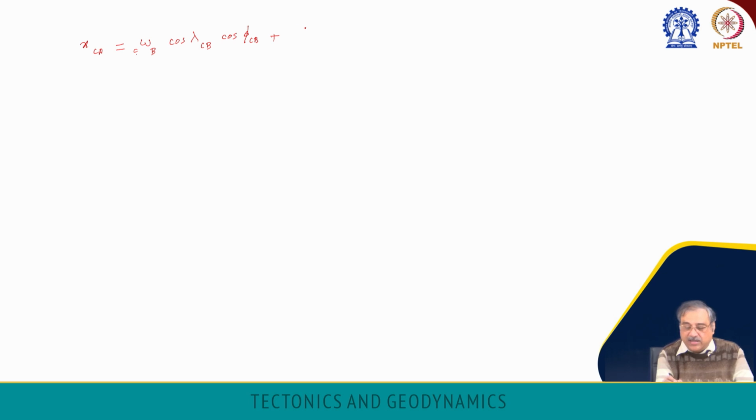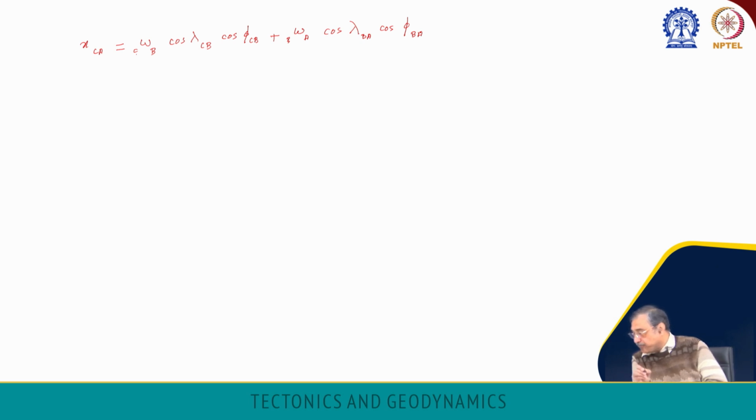So XBA would be the magnitude omega BA, into the cos of the latitude of the BA vector, lambda BA, into the cos of the longitude of this vector, which is phi BA. So we can calculate XCA directly, because all of these values are given to us.